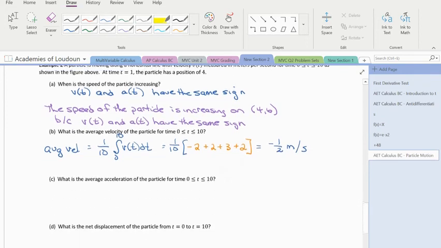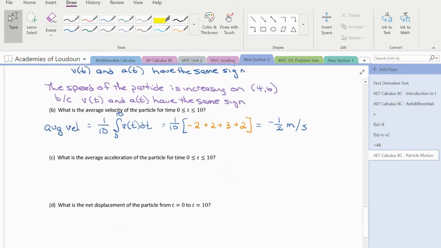Now, average acceleration, just like we can do with average velocity, could be 1/10 the integral from 0 to 10 of a of t dt, but I don't have a function for that. But remember, that is the same thing as saying v of 10 minus v of 0 over 10 minus 0.